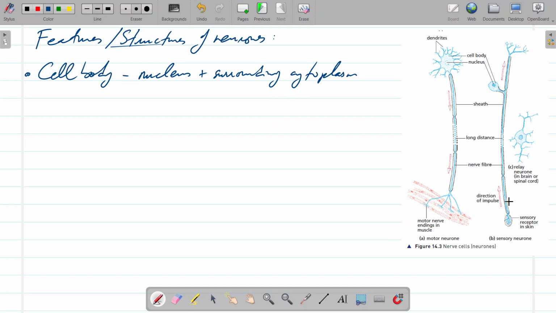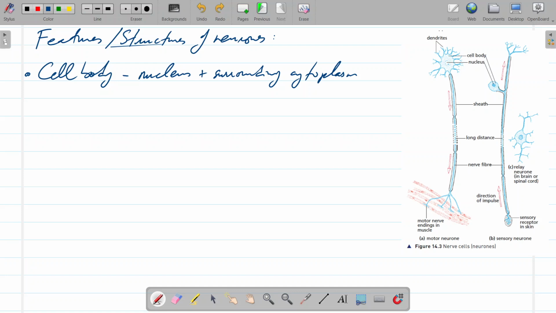For a sensory neuron, as you can see in this one, the cell body is right near the central nervous system. This is the sensory receptor in the skin. The impulse is traveling upwards, and the cell body is close to where the impulse will reach and transfer to a different neuron. For a motor neuron, the cell body is within the central nervous system.